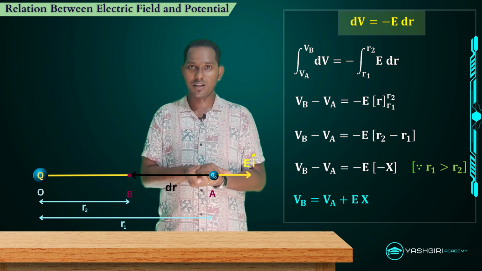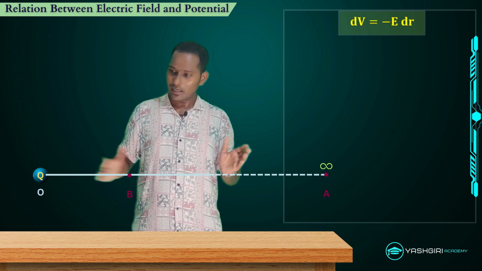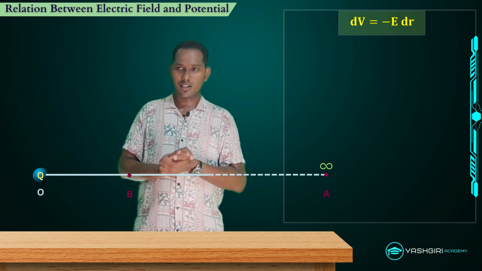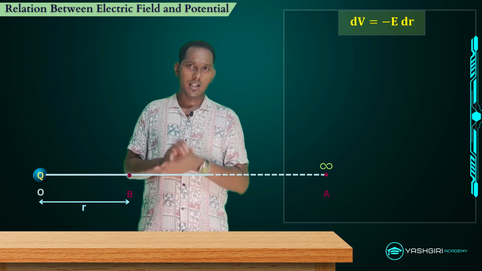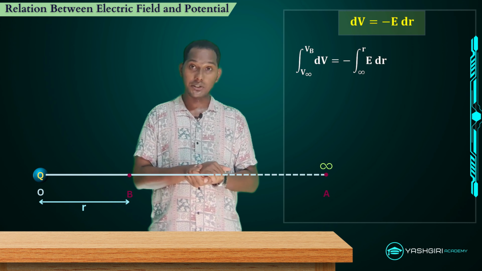Well, now students, if I consider this point A, let us say, to be at infinity, my R1 goes to infinity. And let me say point B is at some distance of R. Now in that case, this is how I can write the integration.